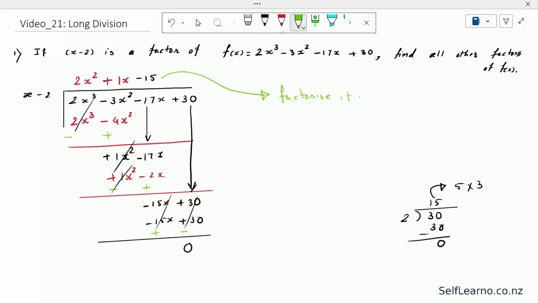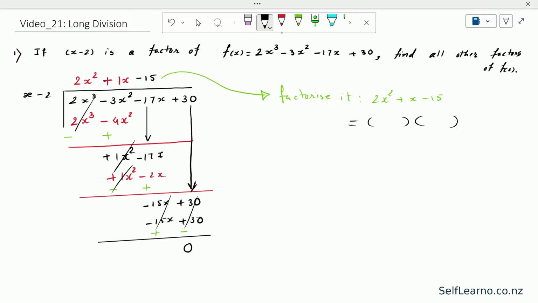It is 2x squared plus 1x minus 15, and you are at level 3, so you must be knowing the method to factorize this. If you want to use a calculator or you have any other method to factorize it, please use it. I don't want to teach it over here at this stage.